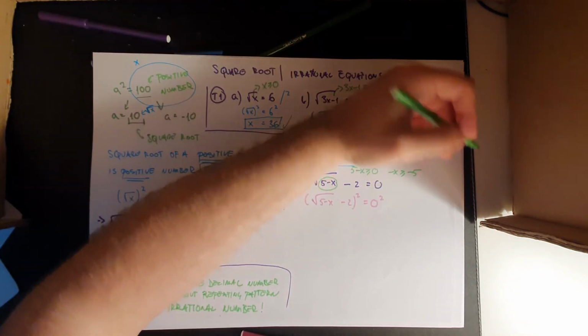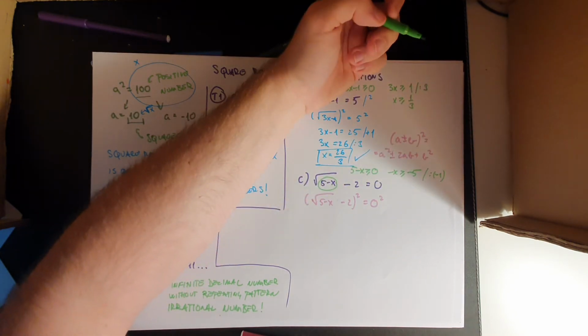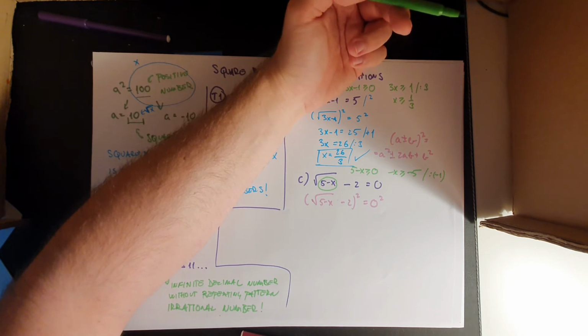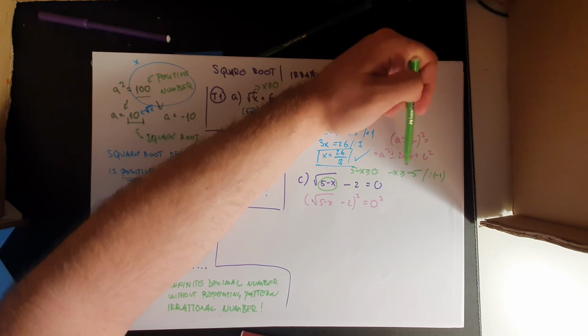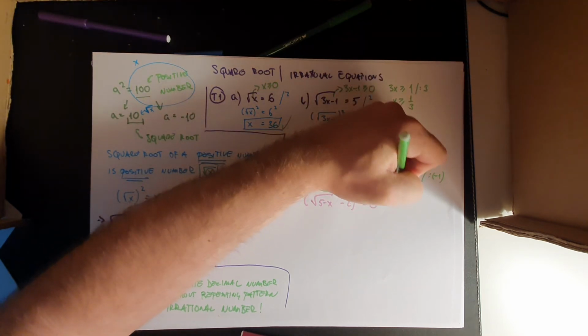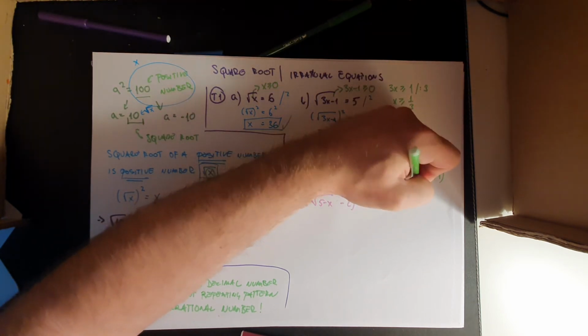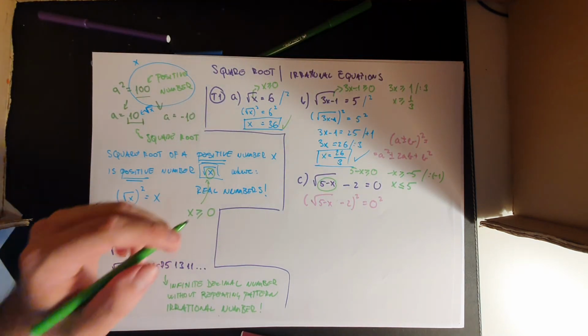Now one last thing is I want to see what's going on with the x. So I have to divide or multiply everything by minus 1. You should not forget, when you multiply or divide by a negative number, the inequality will turn around. So what you're going to get is that x is less or equal to 5. Why is this so? Let me show you with an example.